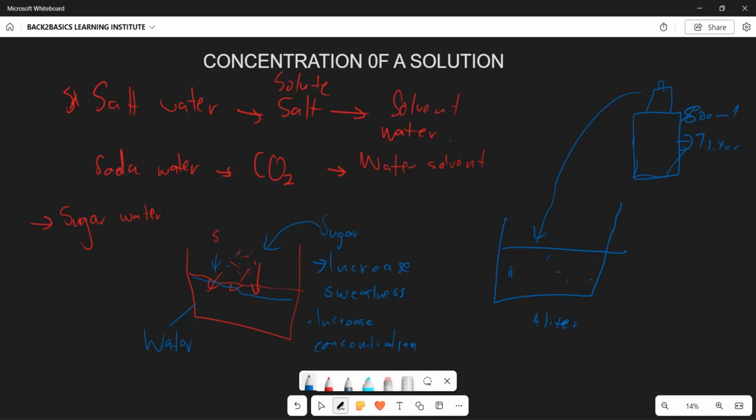So we are saying the concentration of a solution is determined by the amount of moles, or amount of solute, in a certain volume of a solvent, which means the object which it occupies.